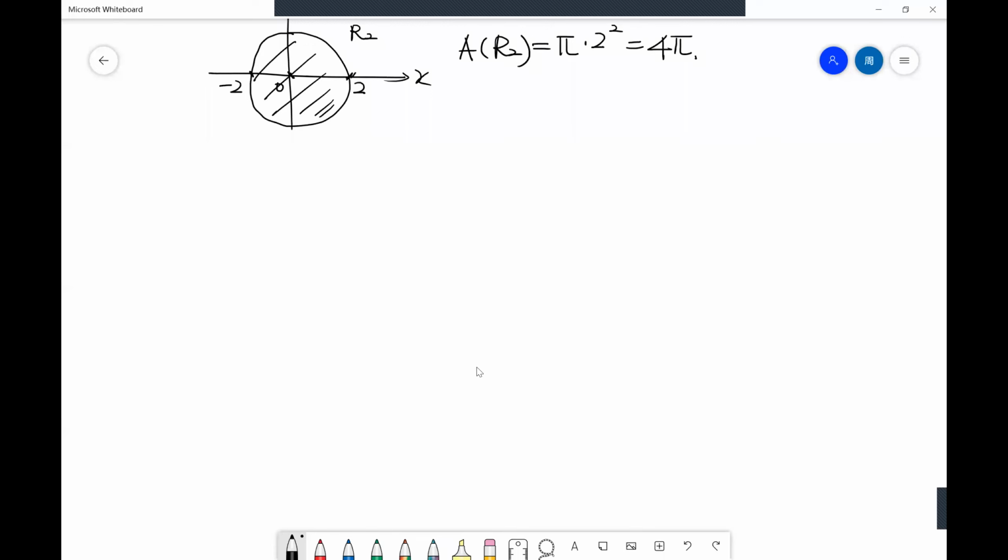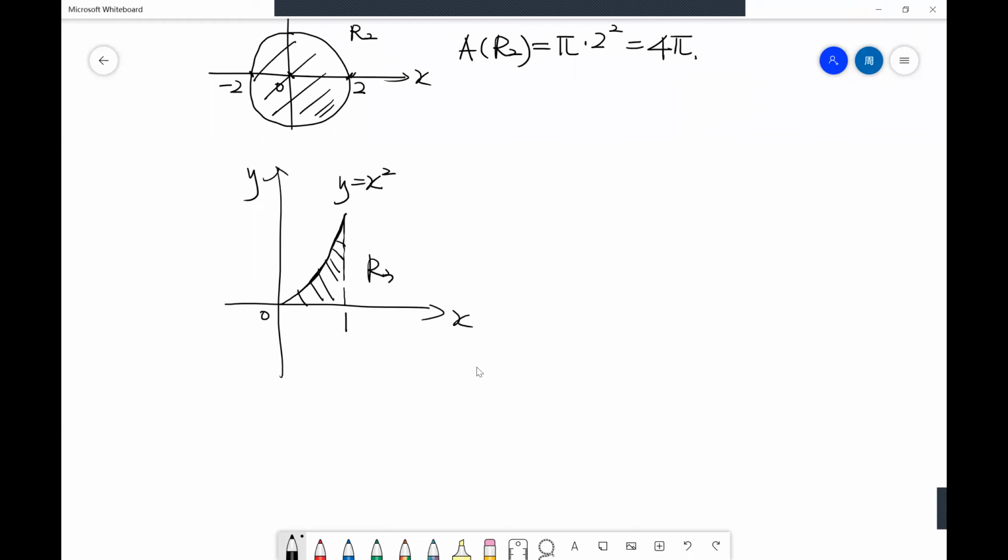But now, if I want you guys to calculate the area of this region, and the region that is here, 1, and this curve, the function of this curve, that is y equals x squared here. Here is the region 3.